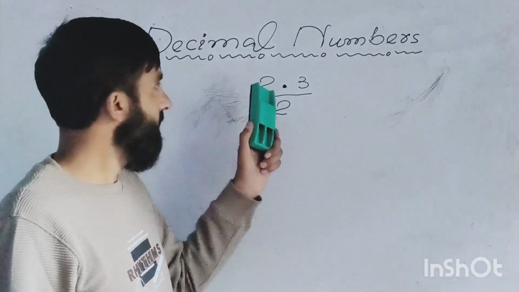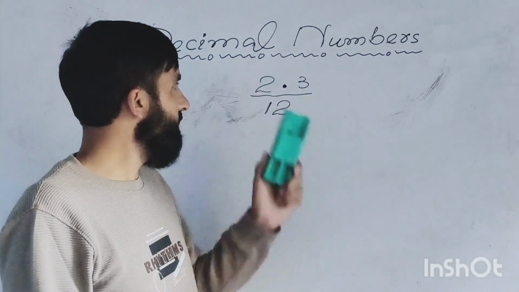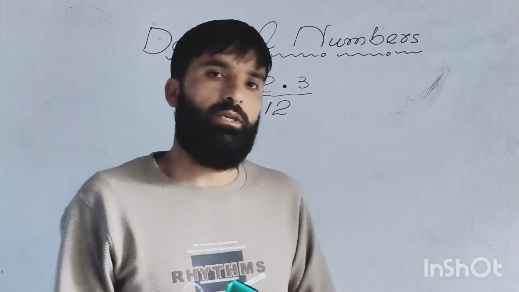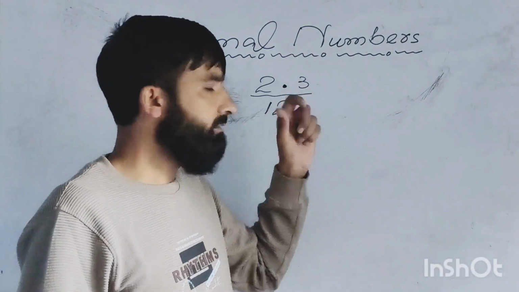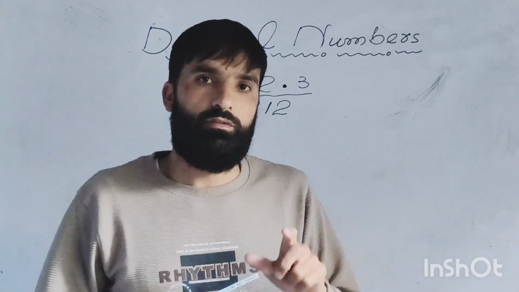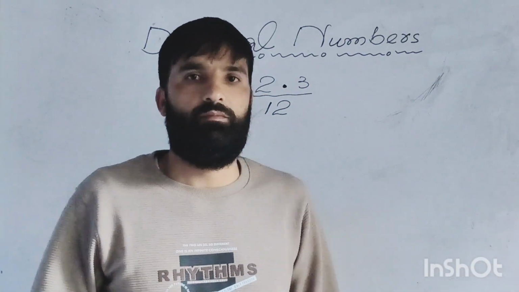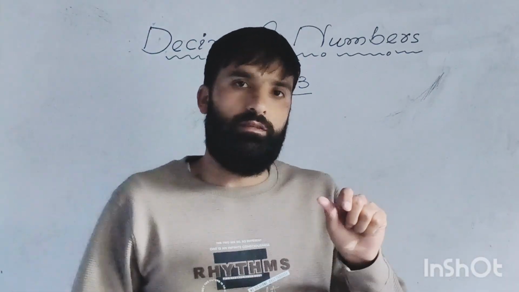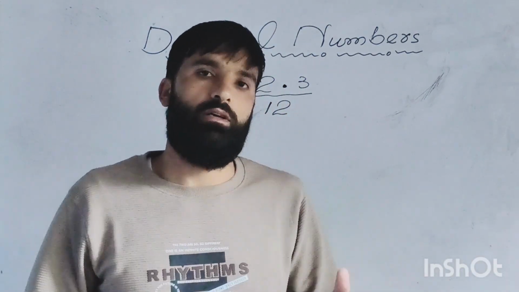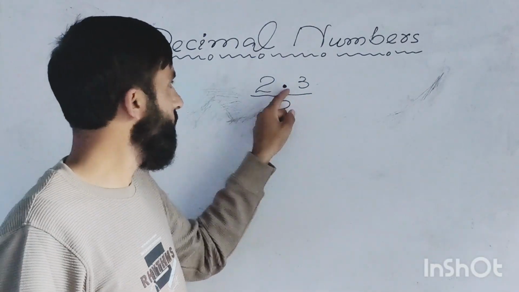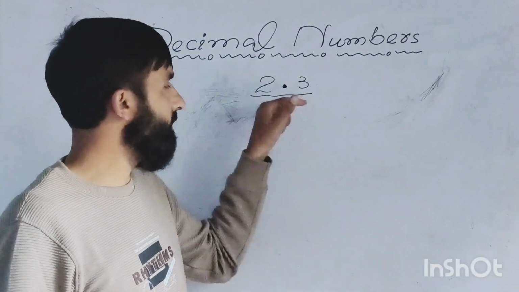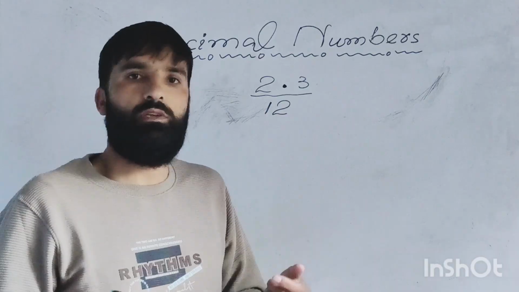Okay, so first of all, I will change this 2.3, this decimal number, and make it a simple whole number. How? You know that when we multiply any decimal number by 10, the decimal moves one step forward. If we multiply by 100, then 2 steps forward, and so on. I need one step forward this time. I need this decimal to reach here so that it will become 23, and 23 is a simple whole number.